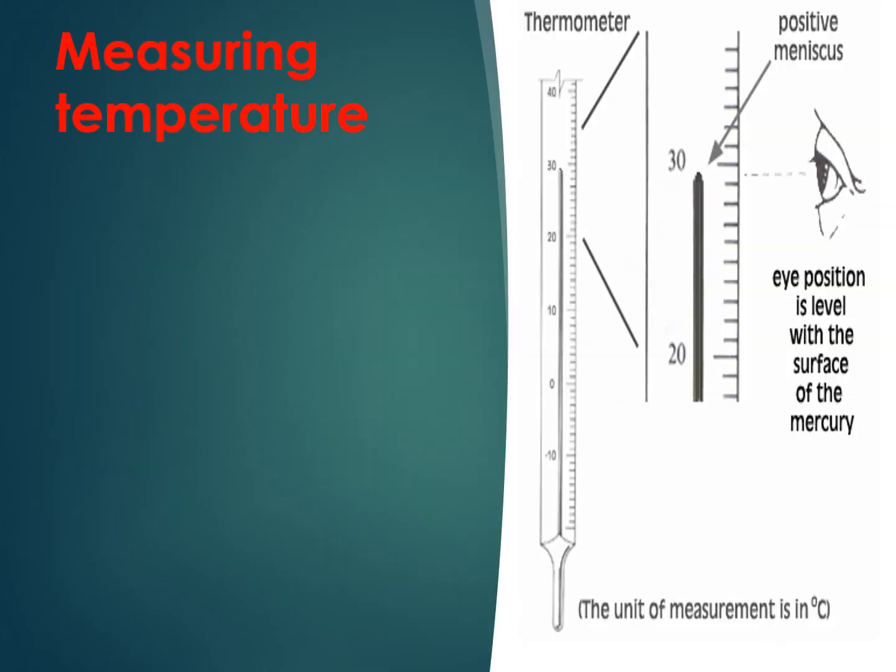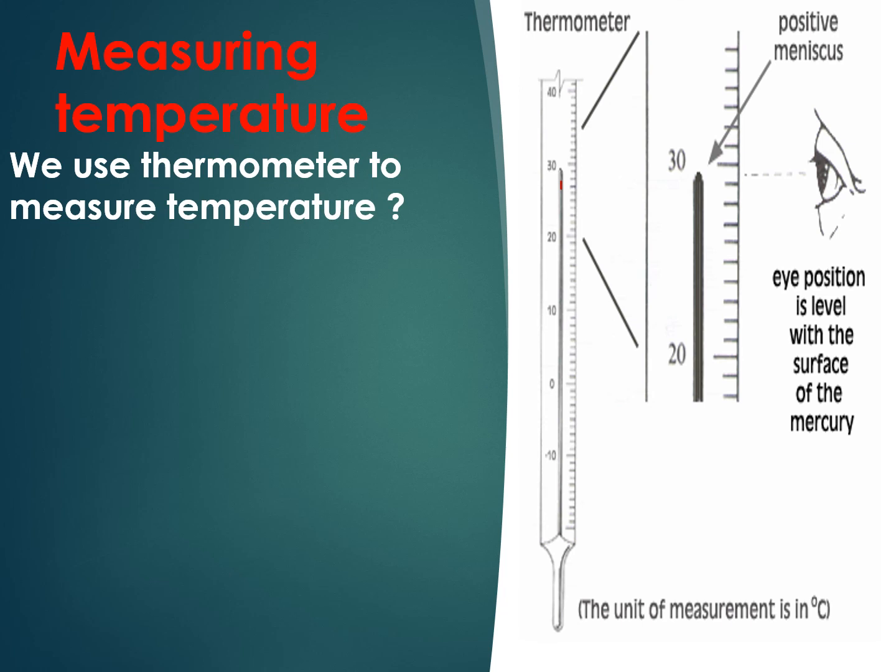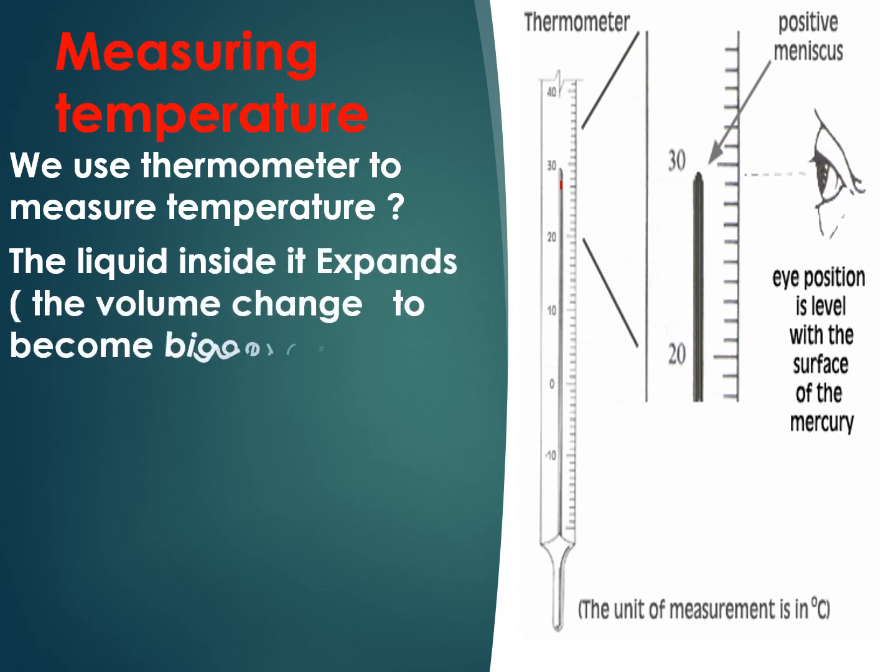We will speak about measuring temperature here. This is a thermometer, and the material inside the thermometer we call mercury. This material has special characteristics. We use a thermometer to measure temperature because the liquid inside it expands.